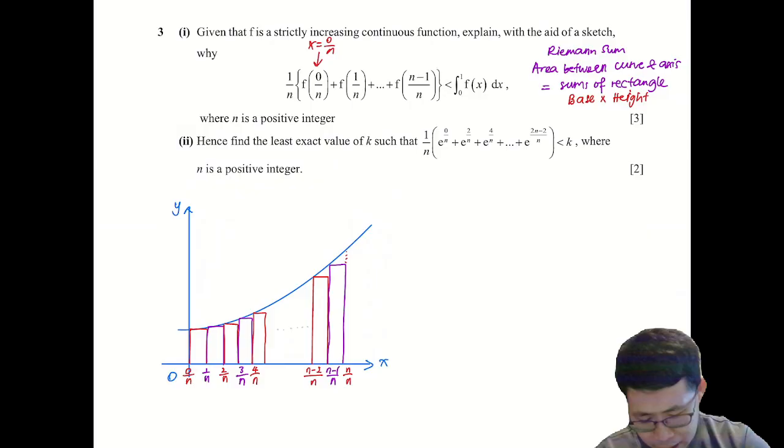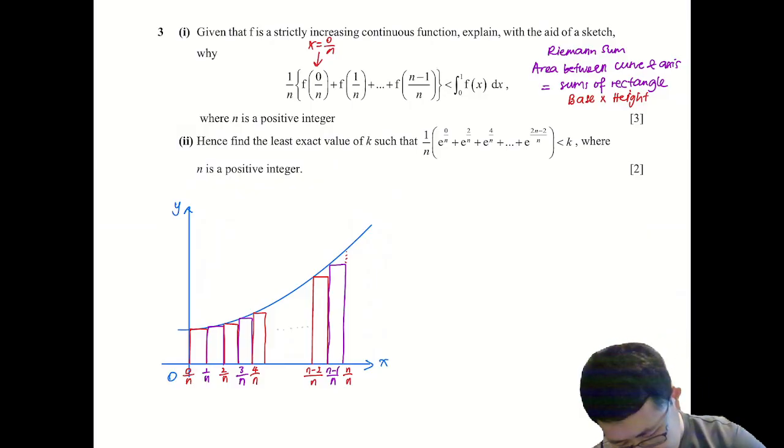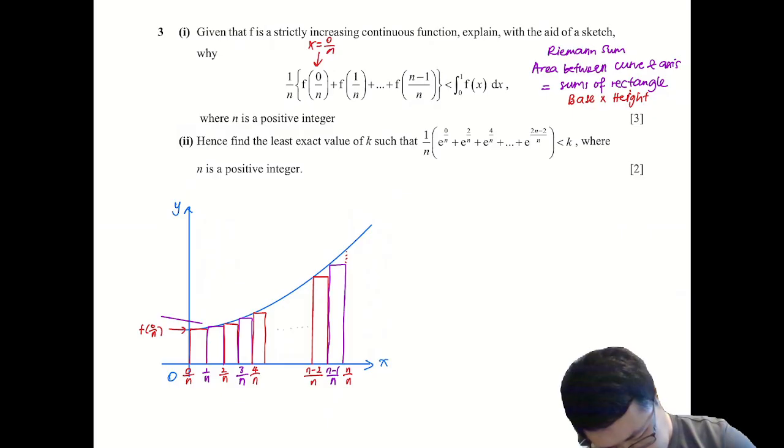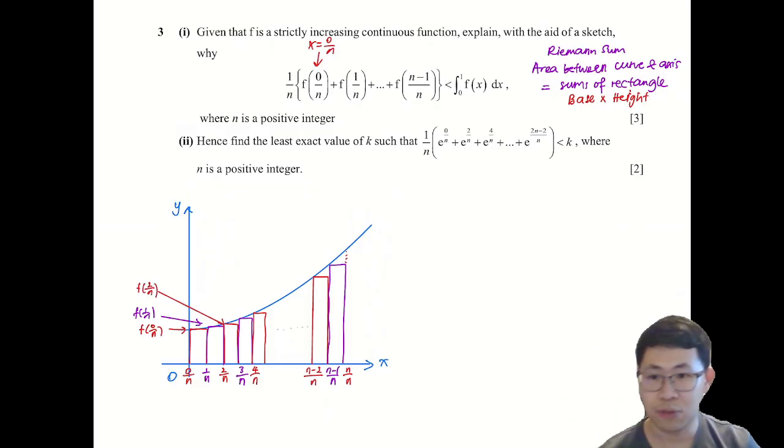One thing that I would like you to also see is this height over here. This height is f of 0 over n. This height over here is f of 1 over n. This height over here is f of 2 over n, and so on and so forth.